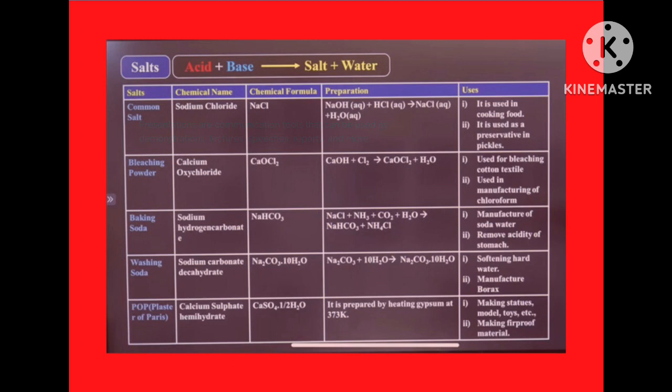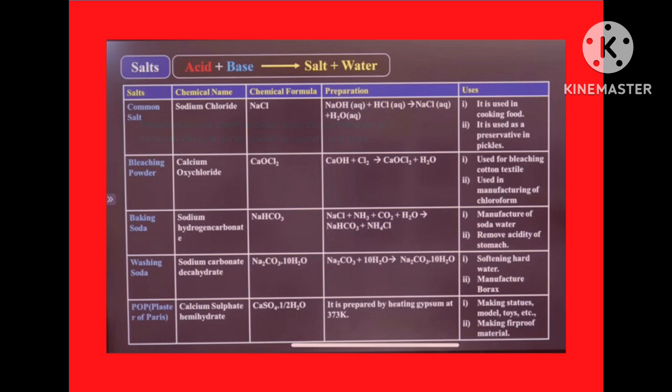Next salt is the washing soda. Its name is sodium carbonate decahydrate. And the formula is Na2CO3·10H2O. Here 10H2O refers to the water of crystallization. As we have noticed in the above reaction, sodium carbonate is obtained by heating baking soda.